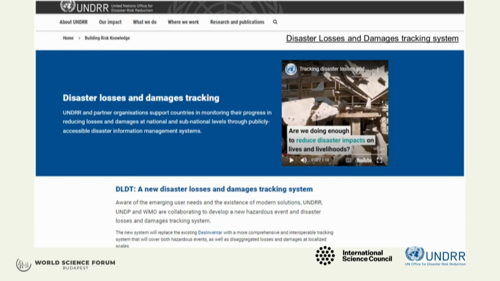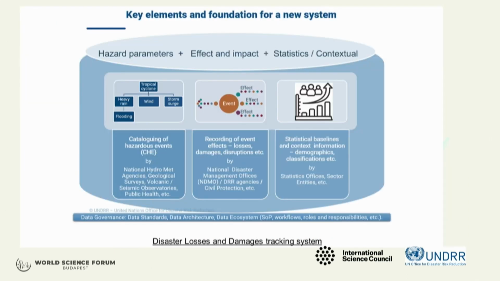And I believe that they hope to launch this early next year. What will it look like? Well, it'll have hazard parameters, effect and impact, and statistics and contextual data. So very much reflecting Teresa's work and all the work that we need to understand for disaster-related statistics.